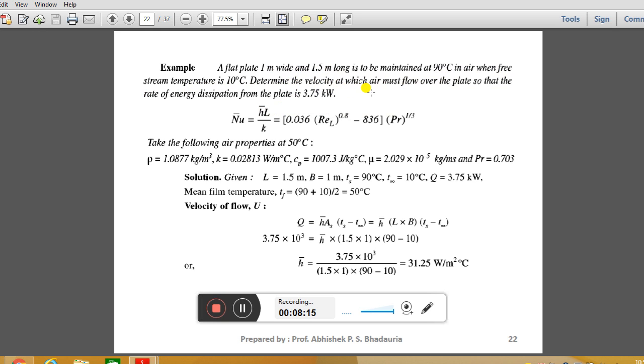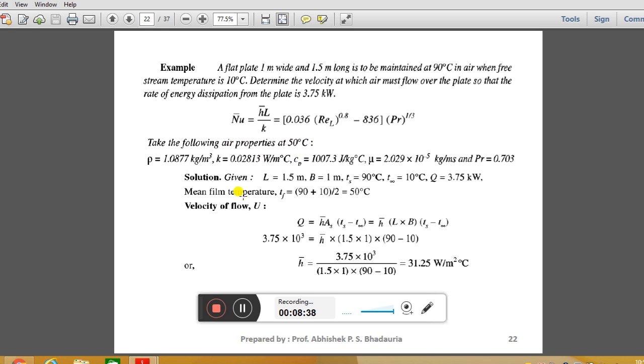Determine the velocity at which air must flow over the plate so that the rate of energy dissipation from the plate is 3.75 kilowatt. The empirical correlation for calculating the Nusselt number is given in the problem, and the thermophysical properties of air are given at 50 degrees centigrade.